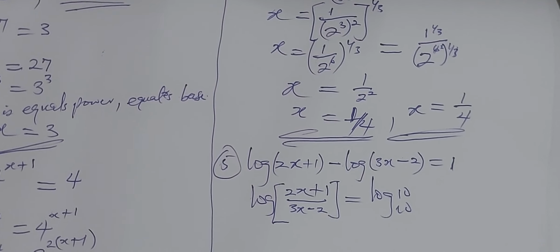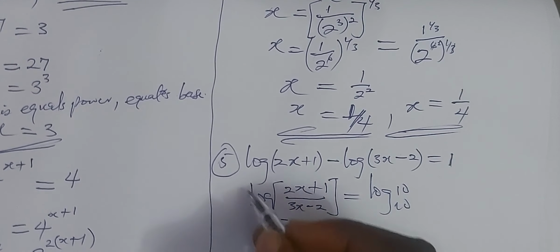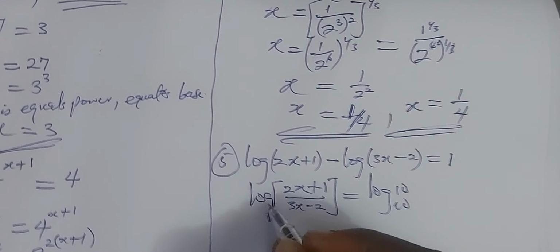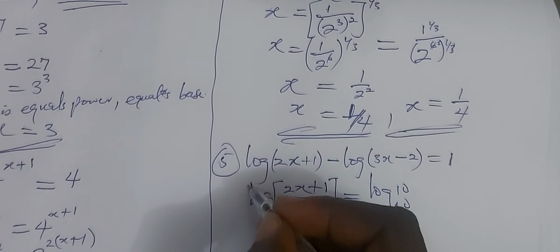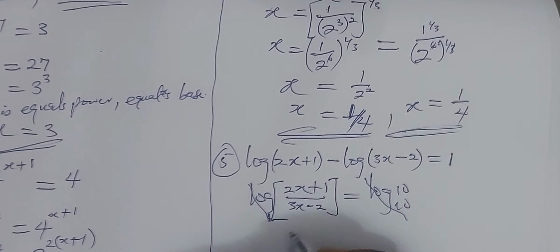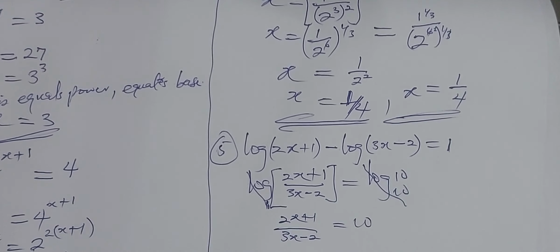And therefore, this can cancel this. We now have 2x plus 1 all over 3x minus 2 is equals to 10.